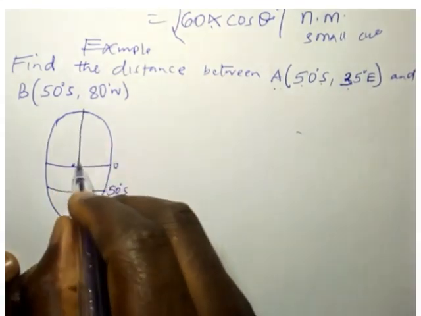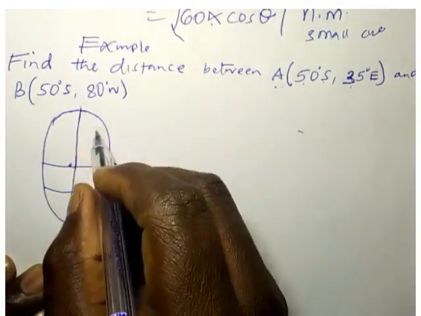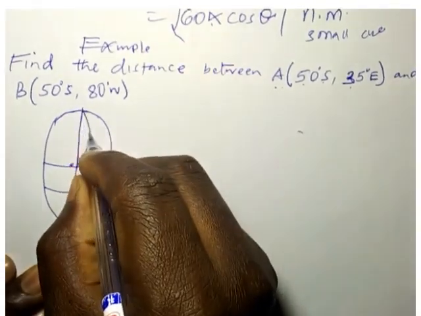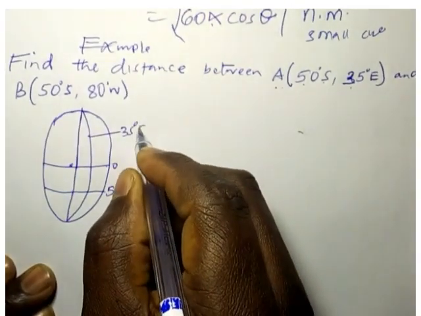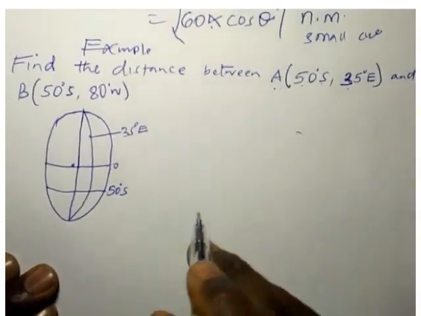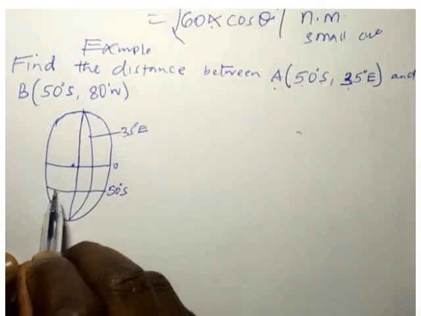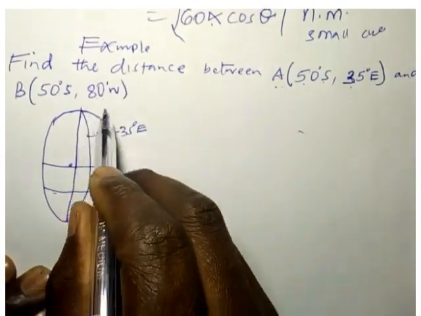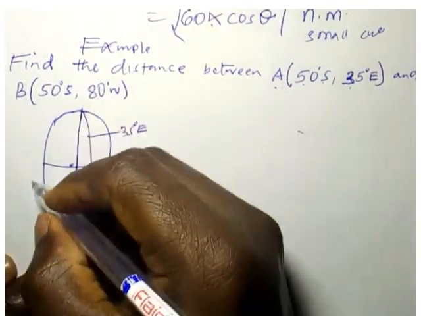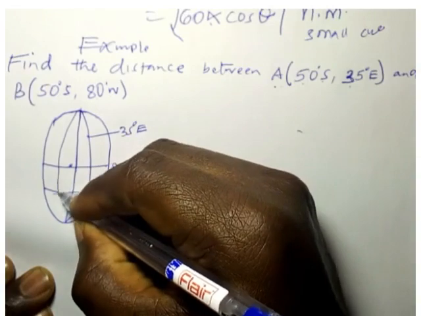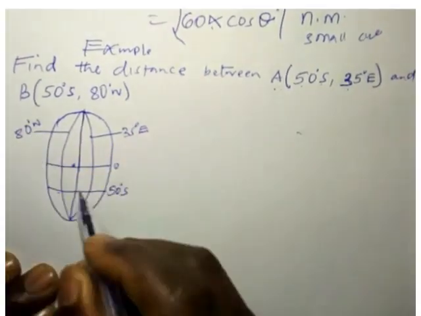The longitude we count from the prime meridian, so 35 will be somewhere here, and this one is 35 degrees east. And then point B is on the same latitude, 50 south, but a different longitude, which is 80 west. From 0 we go to the west, and this one is 80 degrees west.